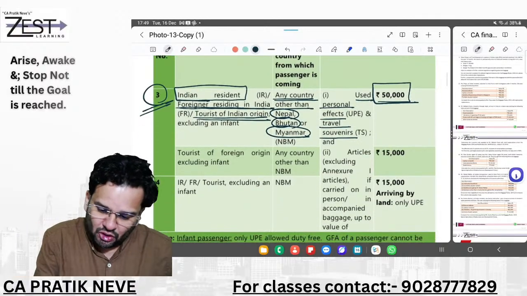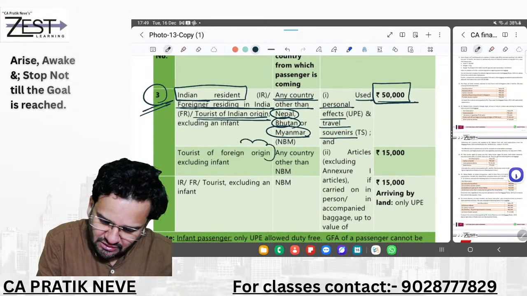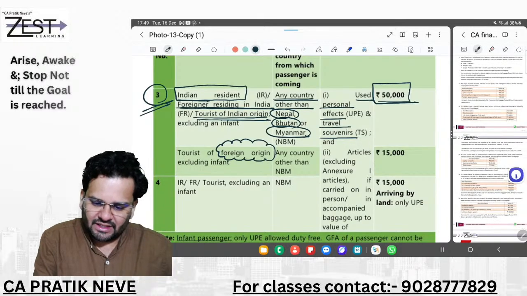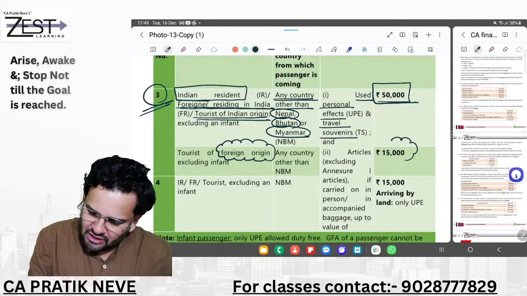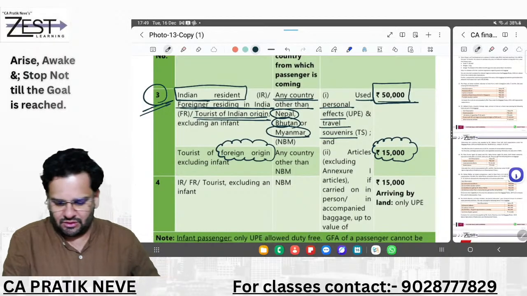But if you're a tourist of foreign origin, friends, then this GFA is only rupees 15,000.